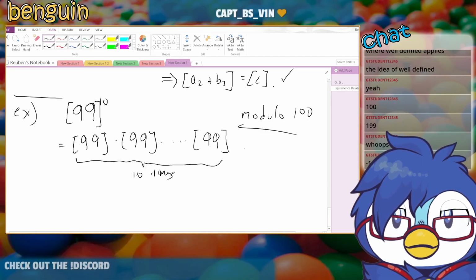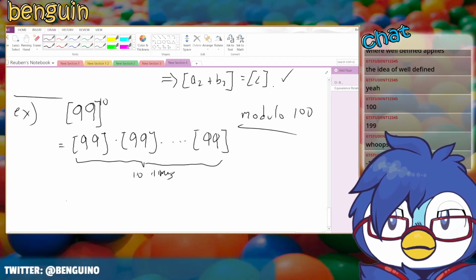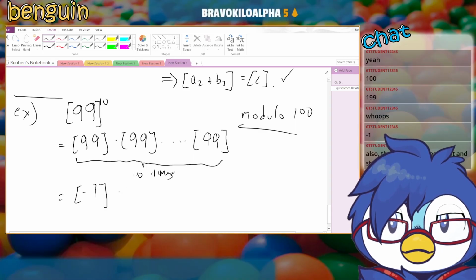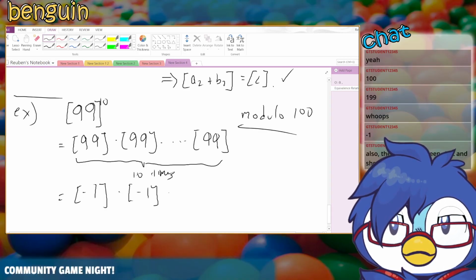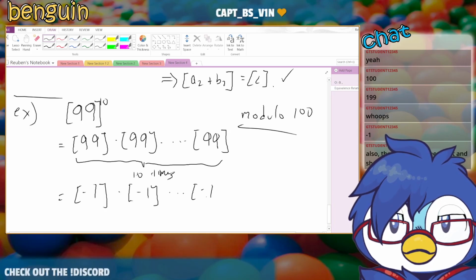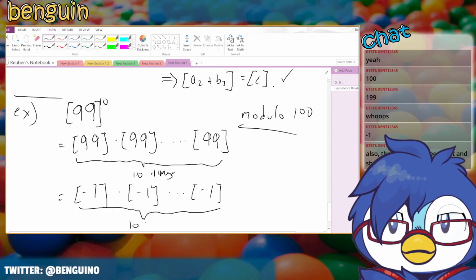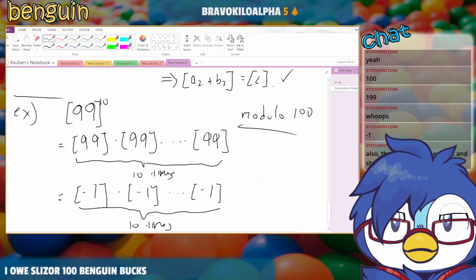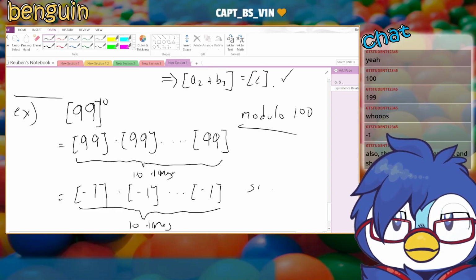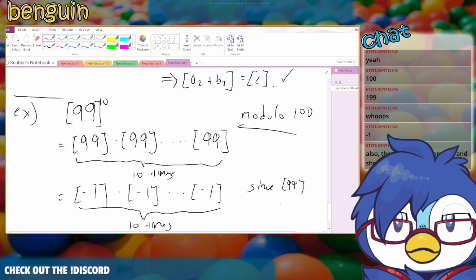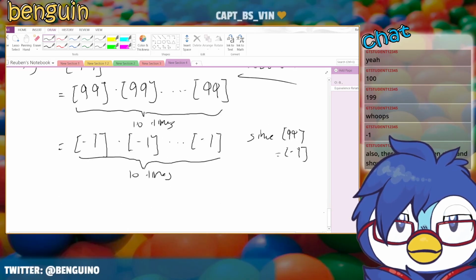So I can actually replace all of these with -1, and I have this 10 times. Remember, this is because the equivalence class of 99 is equal to the equivalence class of -1.